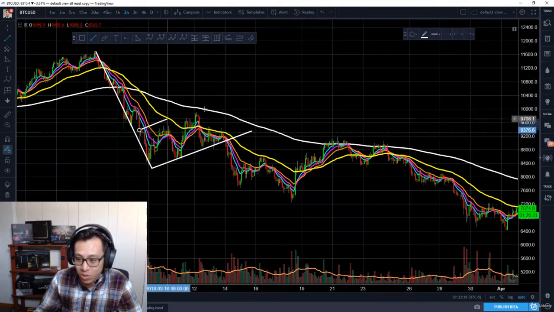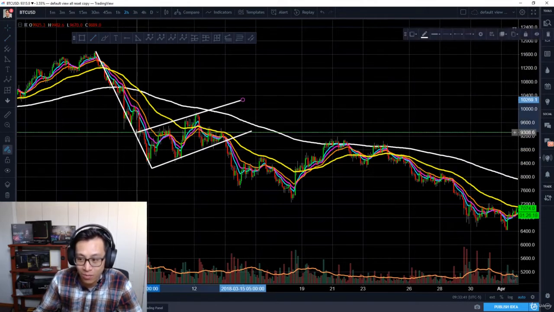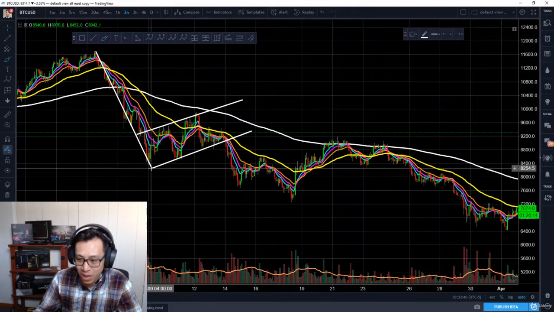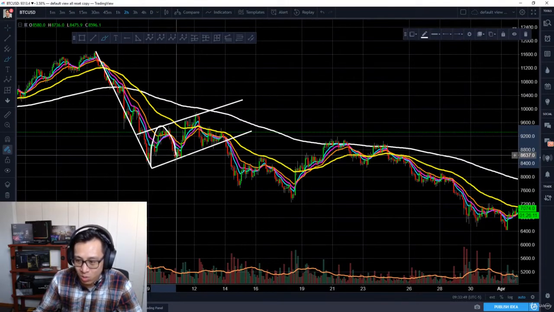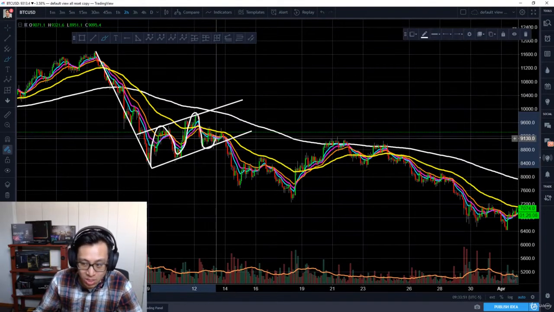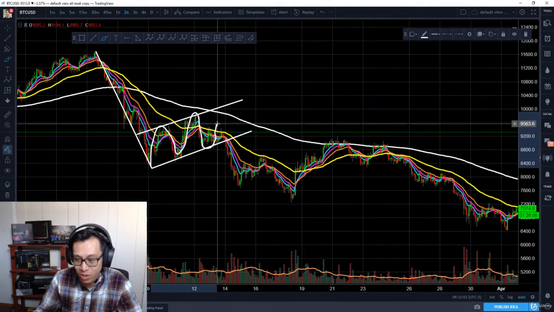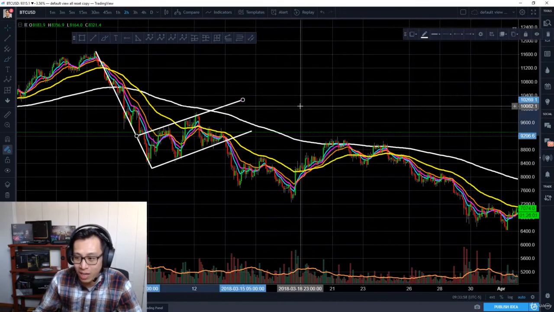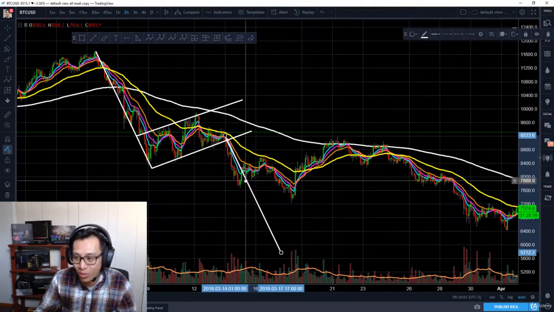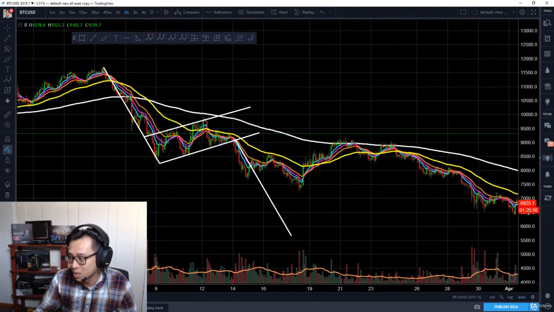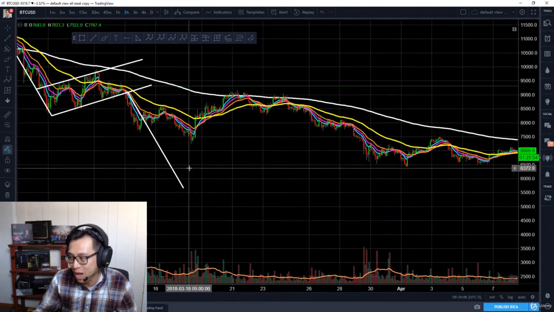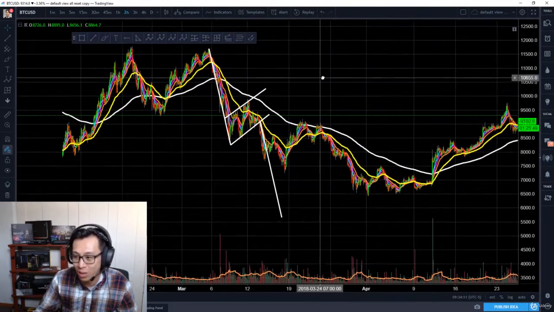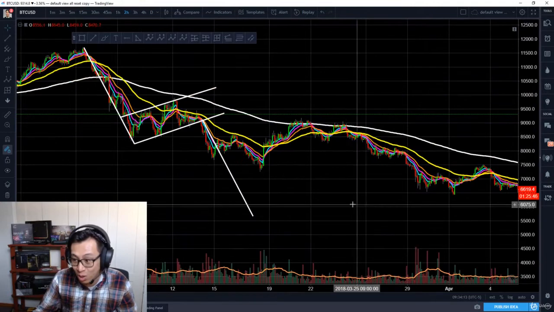But would you guys agree with me right here that this is basically an inverted flag? This is an inverted flag where it's making touches like that. It goes up one, two, three, four, and usually it makes almost 4.5 touches, that we count as the fifth one. And then as soon as it makes this channel, it continues on its path down like that. It didn't exactly get to that level there at that specific time, not that low at least, but it definitely got fairly close to those targets.